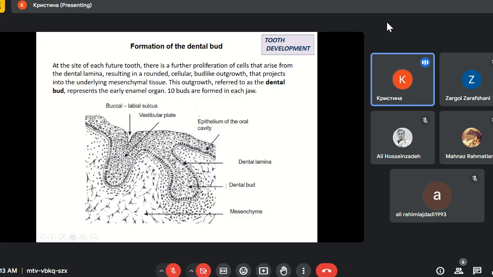So the developing fetus, the developing baby, will have 10 buds in each jaw, one bud for one future tooth. So the dental bud forms as the result of proliferation of epithelial cells. And also during this stage, some part of the mesenchyme also starts to proliferate and surround the developing dental bud in this area.